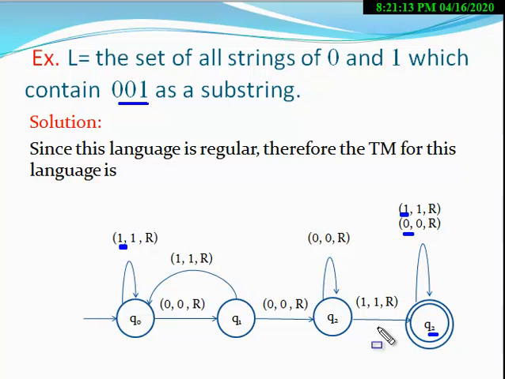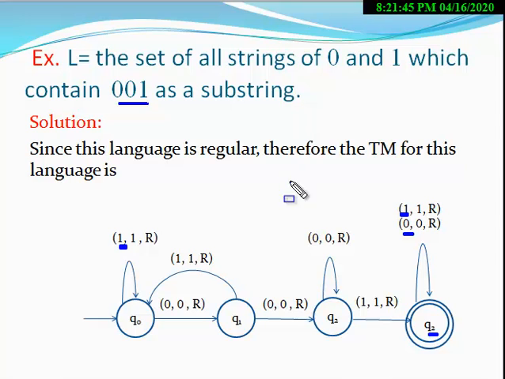So here 1 is 1, and the direction is R. Here 0, again 0, and the direction is R, so 0 0 R, and so on. So this is the Turing machine corresponding to this language.